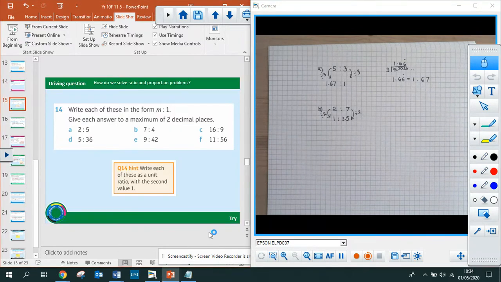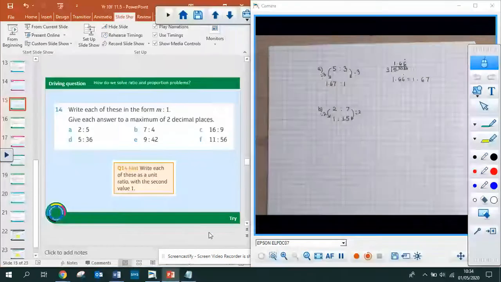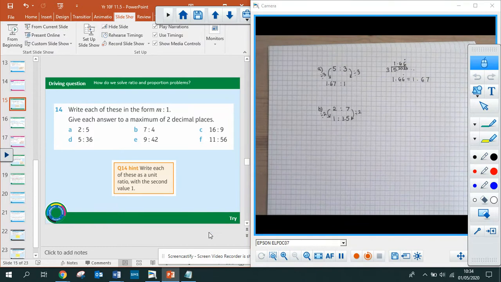So please pause the video and have a go. It's asked you to write each of these in the form m to 1. Give each answer to a maximum of 2 decimal places. So be careful there, because that's different to what I've just told you in the example before, because it didn't specify which one you wanted as your unit ratio.